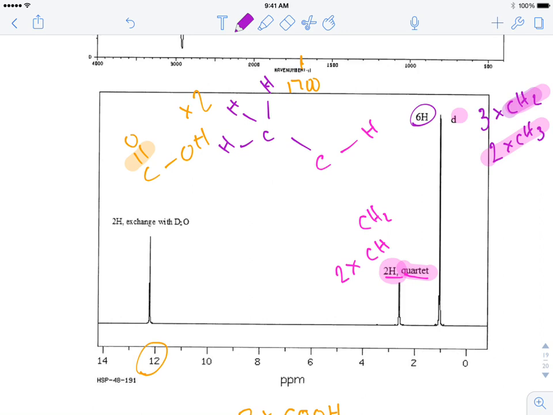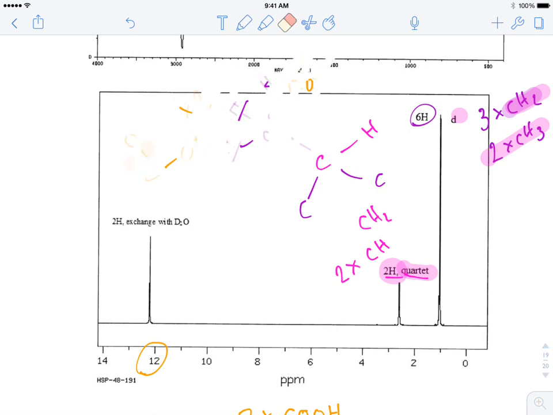This works as a quartet because we have 1, 2, 3 hydrogens. And then these bonds must belong to carbons. So now we can rule out the 3 CH2s here.